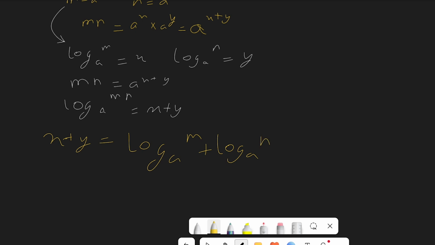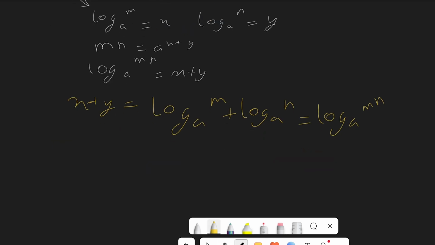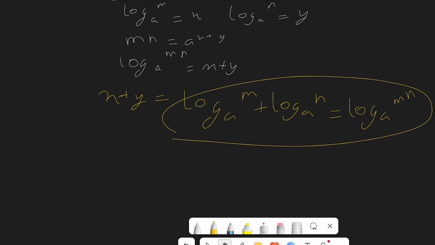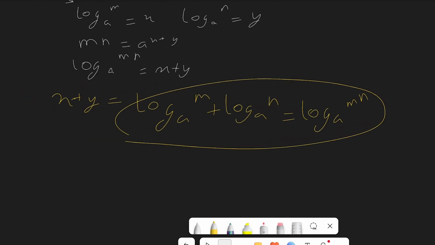So that proves our rule that when two logs add, their powers multiply, and I have written this over here. Okay, so that is fairly intuitive to understand.